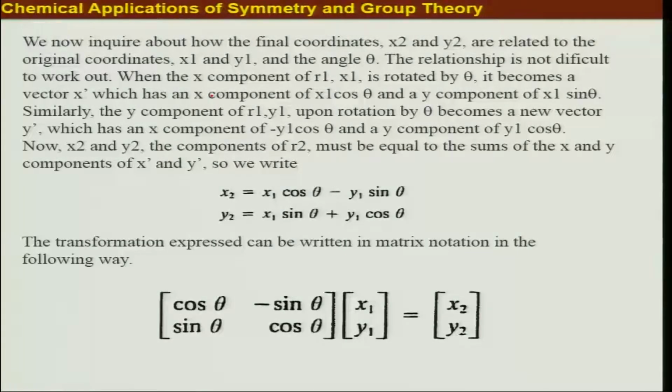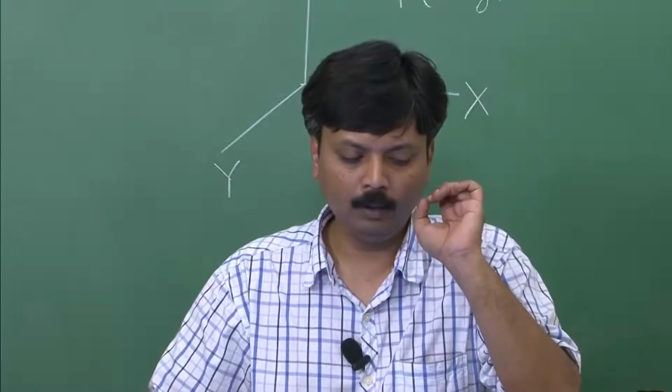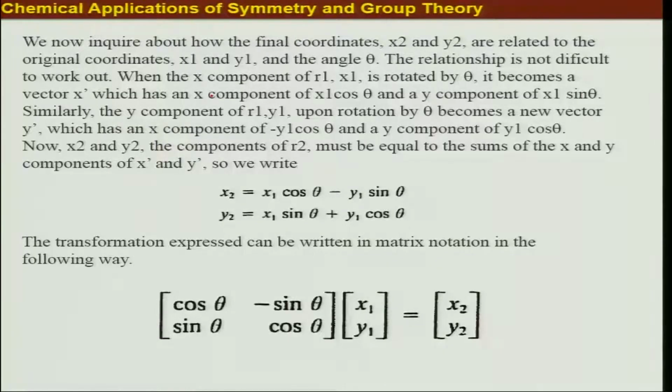And similarly, we can have the y component of r1, say y1. When we rotate it by theta, it becomes a new vector y prime, which has an x component of minus y1 sin theta and a y component of y1 cos theta.